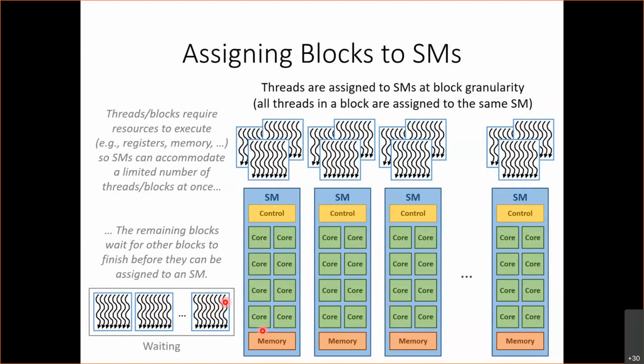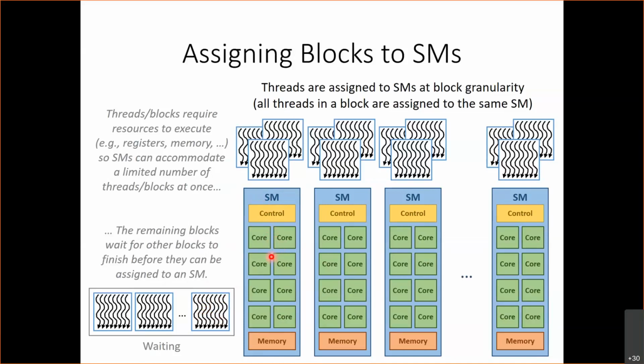If I take 512 threads and have them run on the SM, and the remaining 512 are sitting here waiting, what could happen is that if these threads try to synchronize, to wait for each other at a barrier, for example, the 512 threads that are executing here would be waiting for these 512 threads to reach the barrier, but then the 512 threads that haven't been scheduled yet are waiting for the 512 threads that have been scheduled to finish executing so that they can take their place.